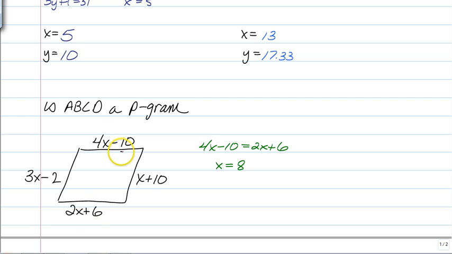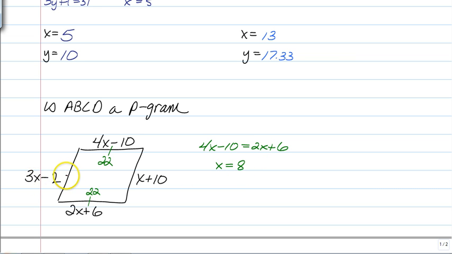What you do need to plug it into is the left and right, because that will tell you if both sets of sides are congruent. The only reason you would check the top and bottom is to see if you did it correctly. So 8 times 4 is 32 minus 10. This top is 22. And 8 times 2 plus another 6 is another 22. Those should work out to be equal. But since your equation is for top and bottom, you plug it into the left and right.